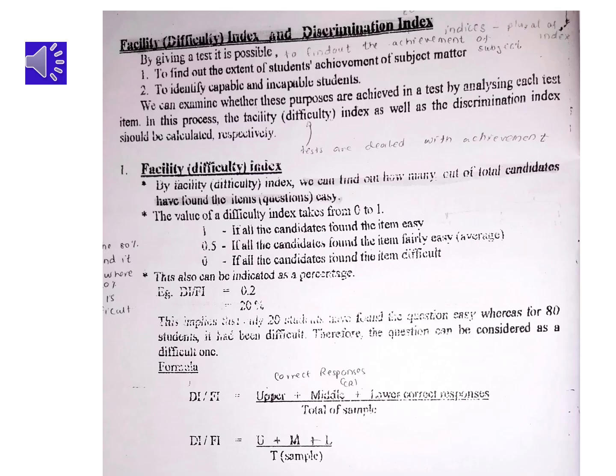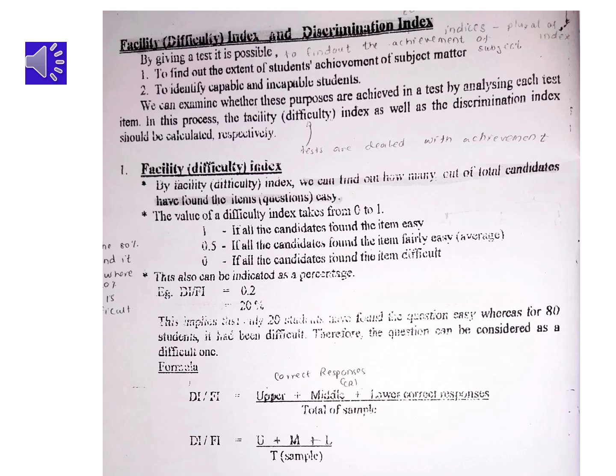By giving a test, it is possible, 1, to find out the extent of students' achievement of the subject matter. When we give a test, we can find out how much the students have understood the lesson.